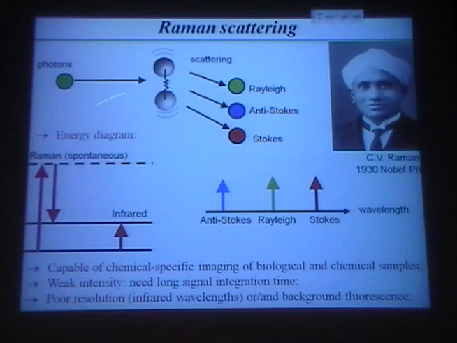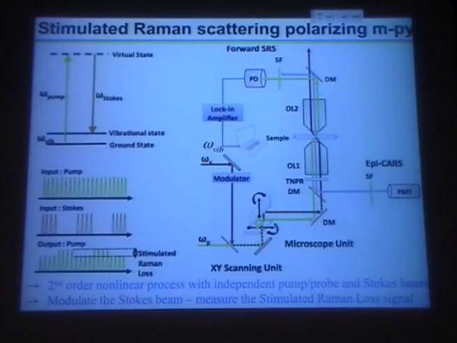So this is a diagram describing the Raman scattering that you might be familiar with, but as I already mentioned, if you use a linear Raman scattering process, then the Stokes and anti-Stokes light that we would be detecting would be very weak, in the order of 10 to minus 10 photons per single photon incident on such a chemical bond. And so this is obviously not very good from the standpoint of imaging.